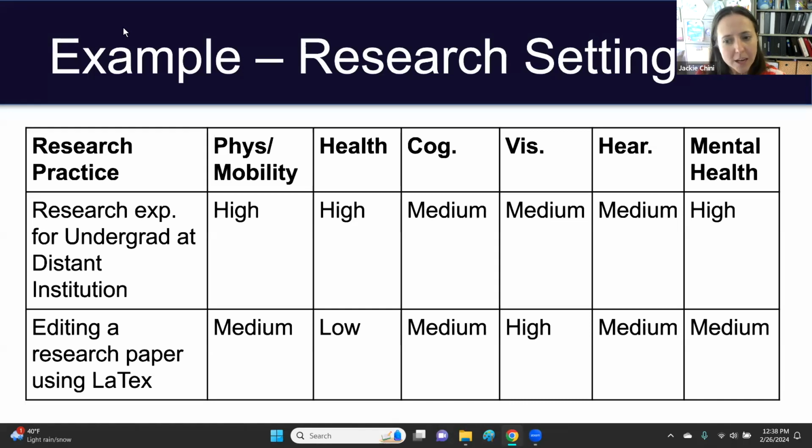I also would like to point out the impact on the mental health dimension for the co-editing process that may occur between a PI and a research student. Getting feedback from a PI can have an impact on students' mental health, and that may be differential based on mental health conditions the student may have, like depression and anxiety.